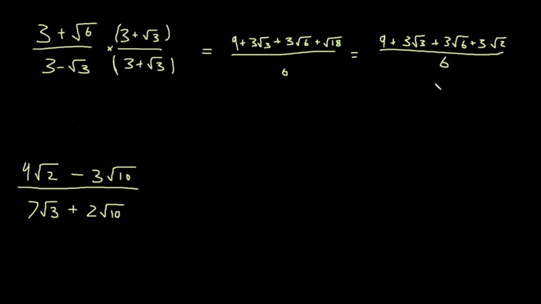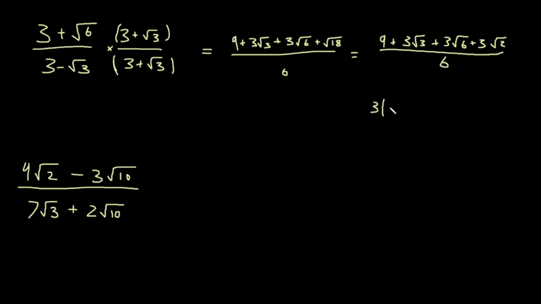Now, would this be our final answer? The answer is no, because we have a common factor of 3 in all of these terms. So if we want to make it our simplest factor, we take out 3 from the numerator and take out 3 from the denominator, so we make it our lowest possible equivalent fraction. So essentially, we divide the entire top row by 3 and make it a factor of 3.